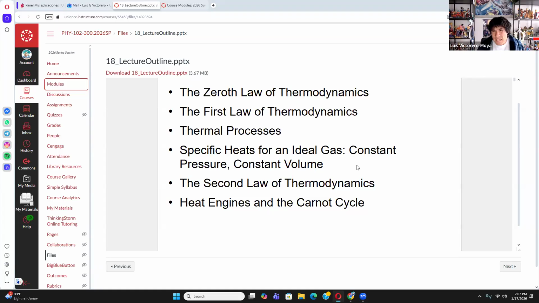That's the main thing about thermodynamics: the isobaric, isochoric, isothermal, and adiabatic processes. For each of those, depending on the type of gas, you are going to have different values of heat, work, and the change in internal energy.